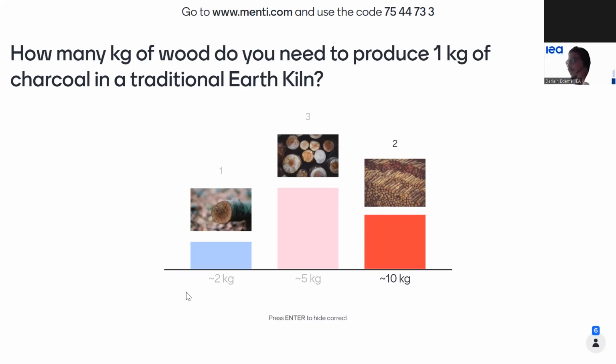So this is more or less the range. In this case, 10 is a correct answer, but 5 was also correct. It really depends on the efficiency, and that's context-specific information.